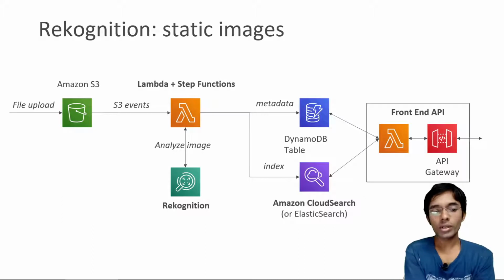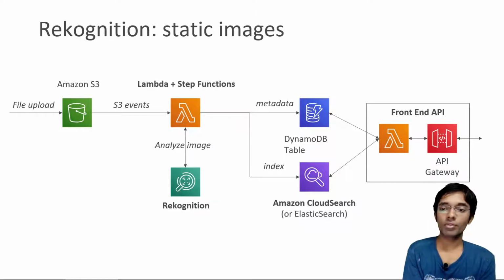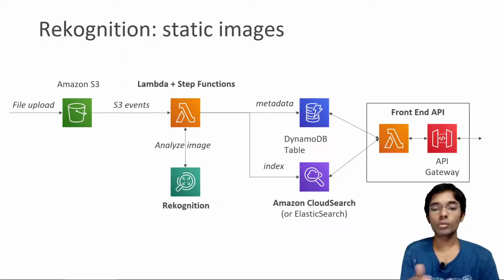Now, Rekognition in terms of architecture, what does it look like? Well, here is the example I've been given. For static images, a file will be uploaded into Amazon S3 and it will generate an S3 event, from which we can start a Lambda function, or we could use a Step Function if we wanted to orchestrate everything.